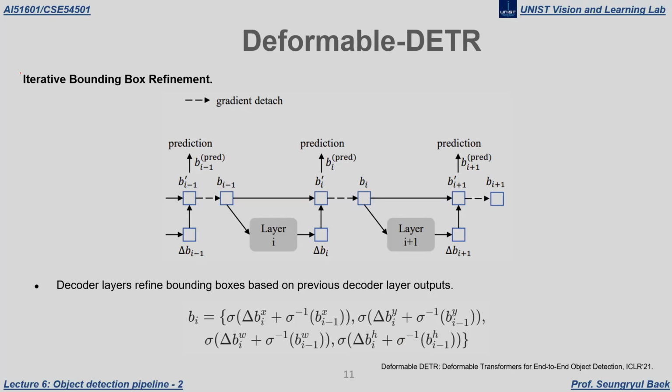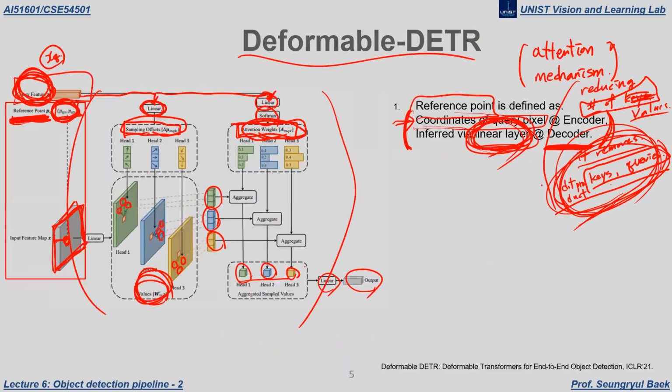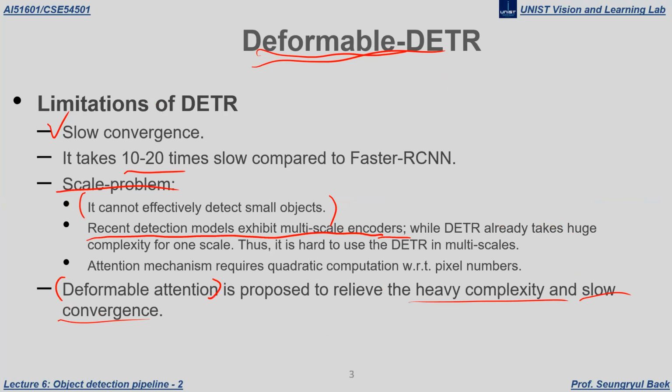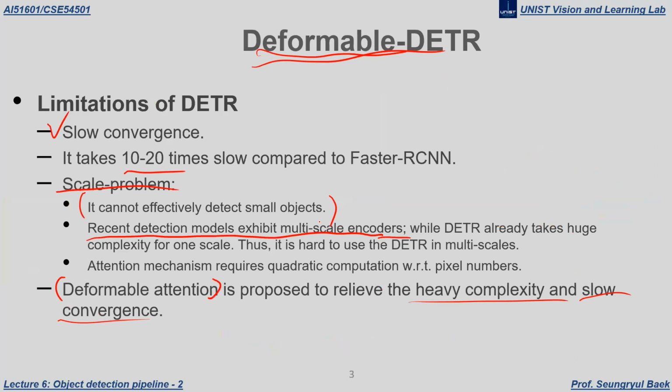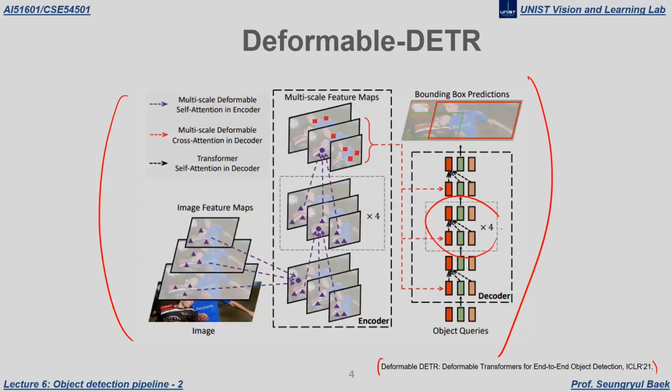The first thing is iterative bounding box refinement. Actually, there are multiple layers in the decoder, right? So here we can say this is having multiple layers. So we have multiple cross attention or attention mechanisms in the decoder, right?